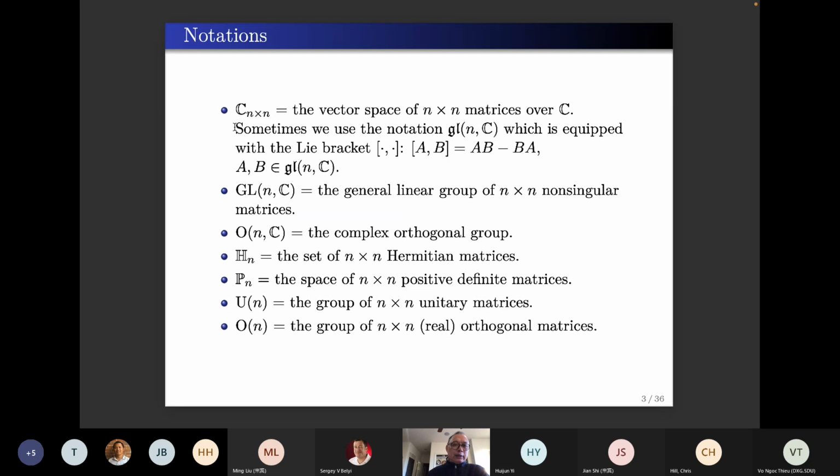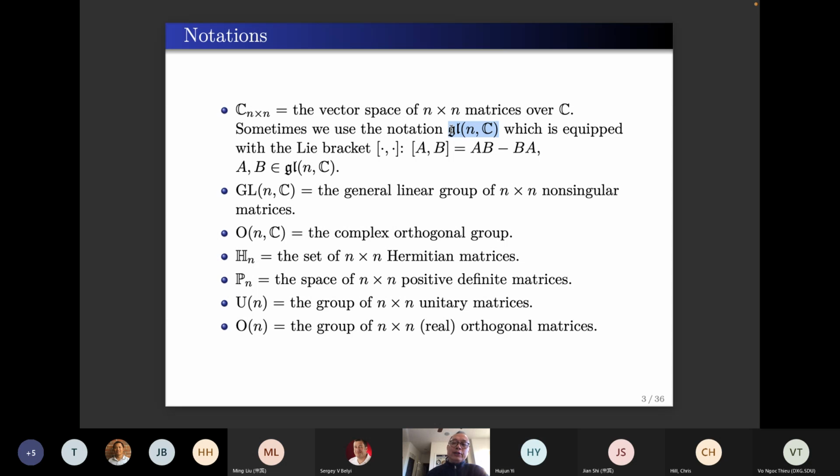So let's start with C^{n×n}. C^{n×n} is the usual notation for the vector space of all n by n complex matrices. However, sometimes I would like to use another notation to denote the same set: the German gl_n(C). However, I emphasize the algebraic operation here.